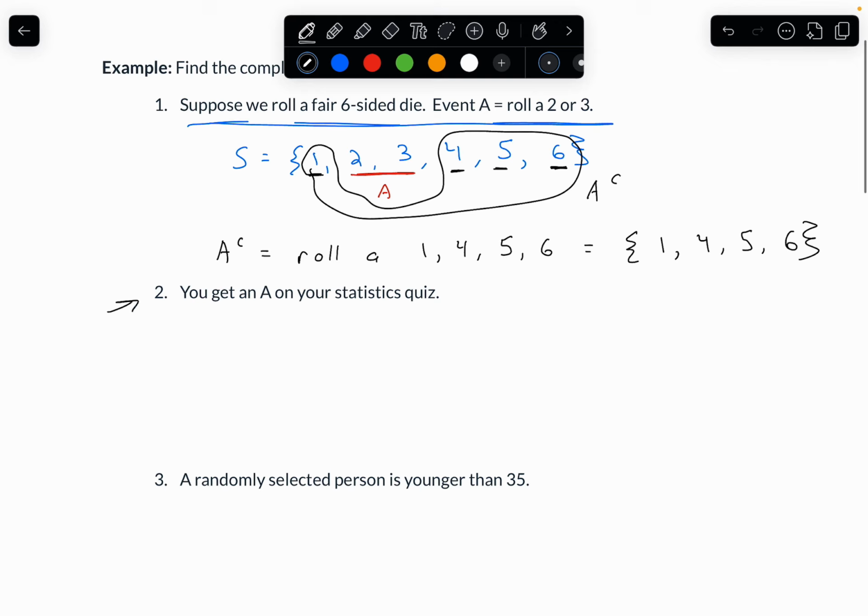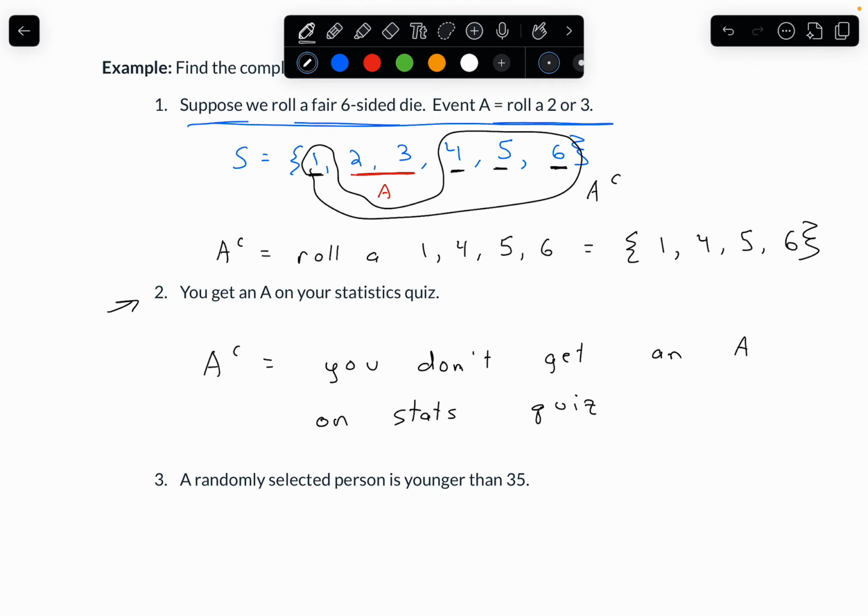It says you get an A on your statistics quiz. In this situation, it's pretty easy to negate it. The statement given says you get an A on your stats quiz. Well, the complement is you do not get an A on your stats quiz.